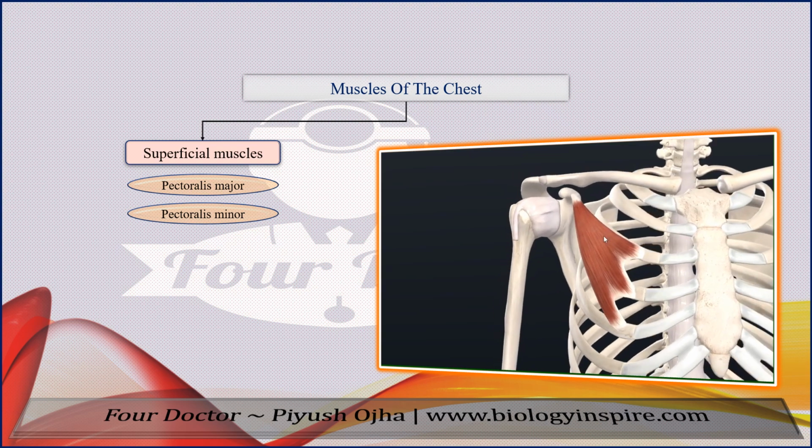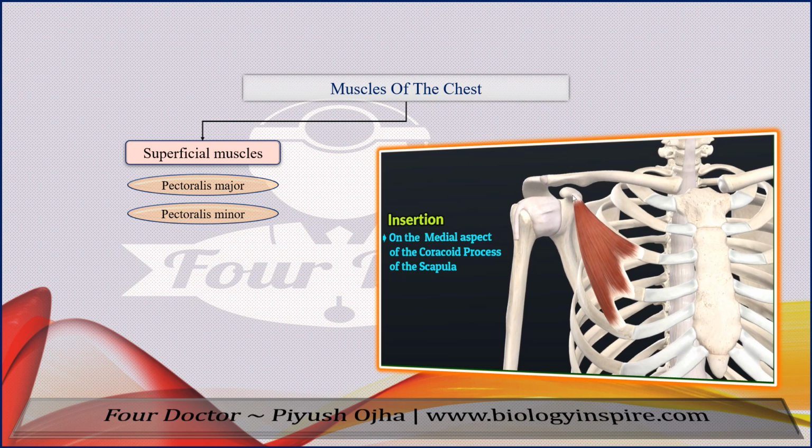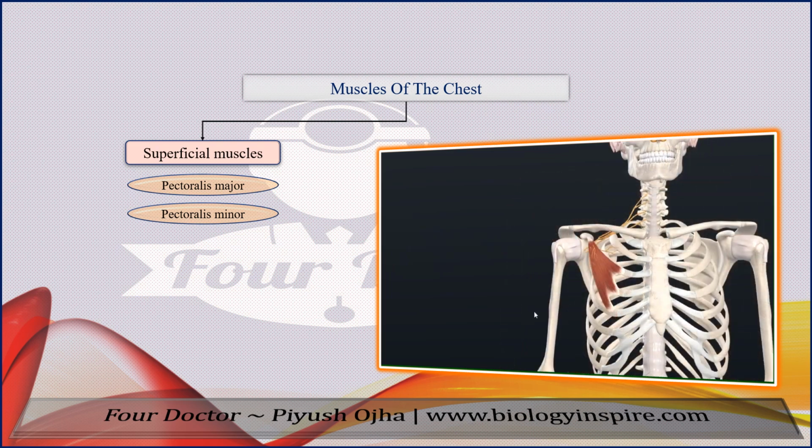And this muscle inserts here on the medial side of the coracoid process of the scapula. Now if we look at the nerve supply of the pectoralis minor muscle, this muscle is supplied by the medial pectoral nerve, which originates from the medial cord of the brachial plexus.